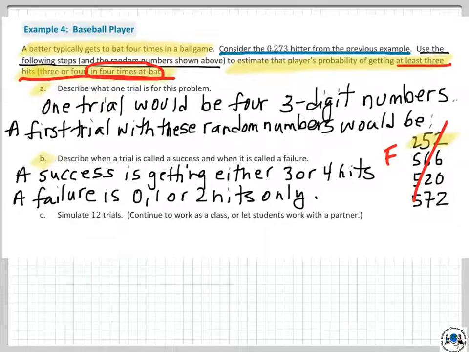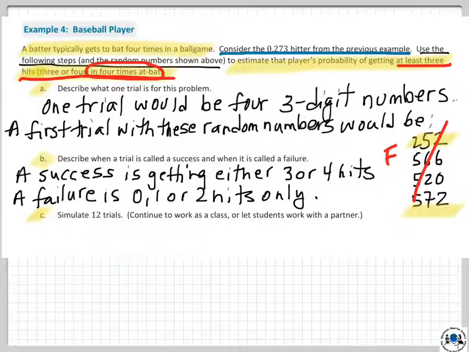So you're going to go ahead and simulate 12 trials. Start from right after 572 on the random number generator.